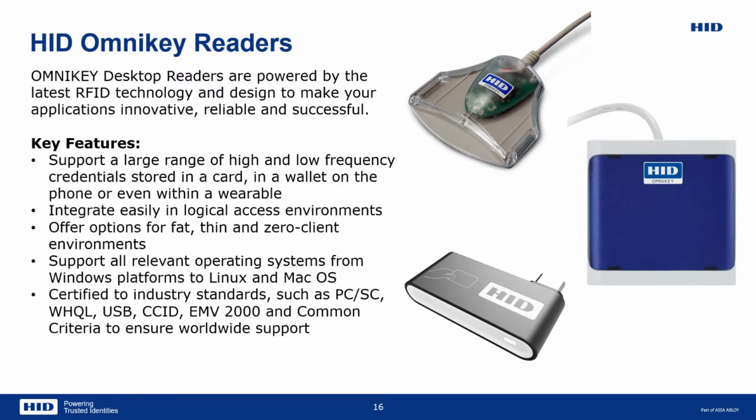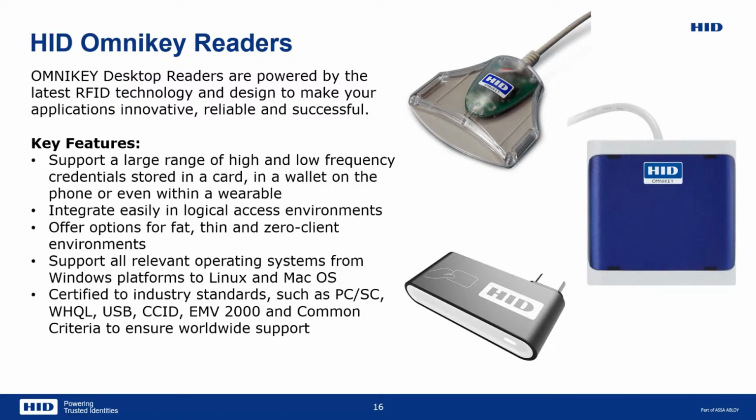So you can get an OmniKey reader, plug it into a Windows laptop or a Mac laptop or whatever it happens to be, and it'll recognize it right away. But also, there's a ton of different form factors. Again, form benefits function, so you can choose the one that works best for you. The top one you see on the screen is a contact-only reader.